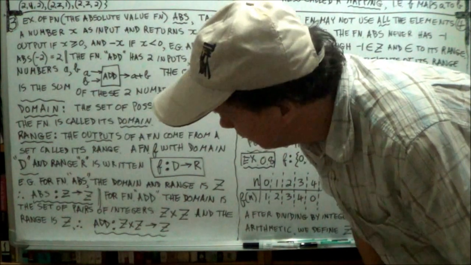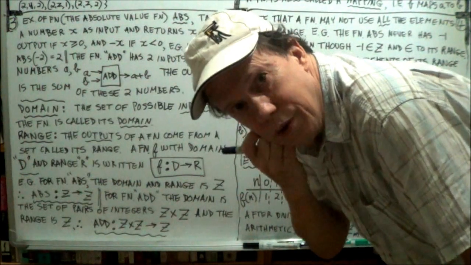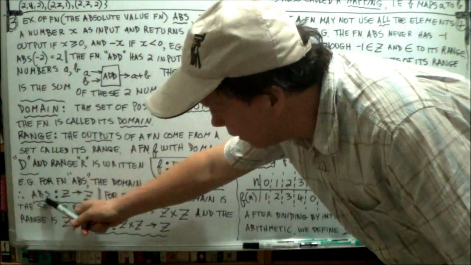Because it's absolute. So in other words, the negative integers of big Z never got used by abs, this function.